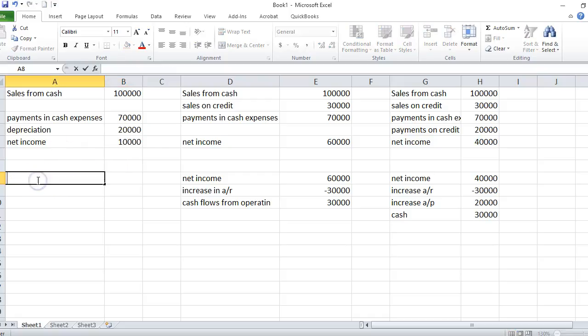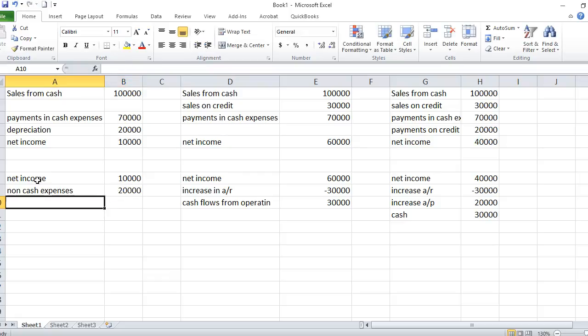Well, to come up with what our cash is, we start with our net income of 10, and then we have to add back non-cash expenses. Depreciation is a non-cash expense. We don't use cash to record depreciation. Depreciation is just showing use of that asset over time.